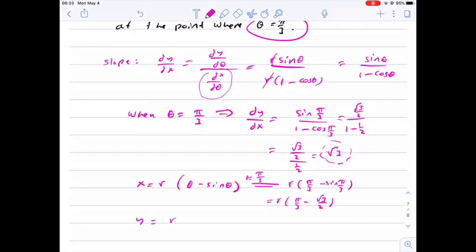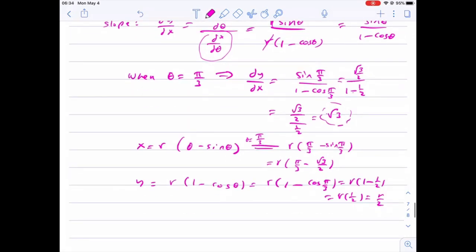And then we find y. Y is r times (1 minus cosine theta), and this is r times (1 minus cosine pi over 3). This is r times (1 minus 1/2), which is equal to r over 2. Now we apply the formula for the equation of the tangent line.